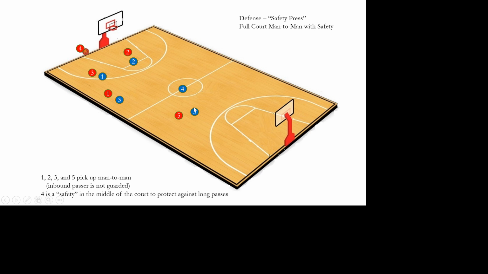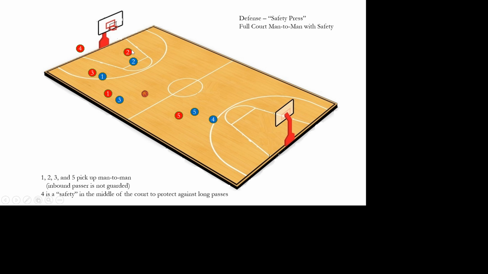Hopefully 5 recognizes that and he comes down with his man. But if they try to throw it long down here to 5, 5 can try to steal it. Of course, 4 can come across and hopefully try to steal it as well. If 4's not able to steal it and this pass gets through, he sees that he's not going to be able to intercept the pass, then he's going to fall back and help 5 prevent against an easy layup.